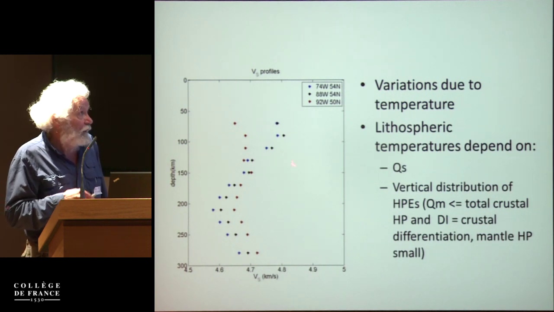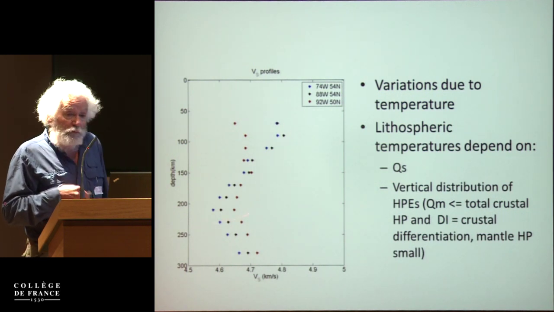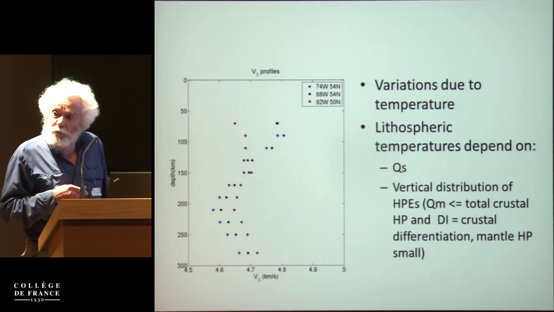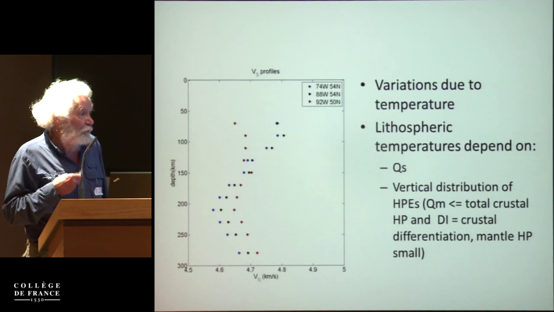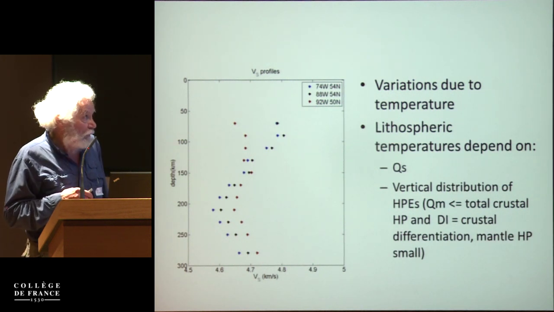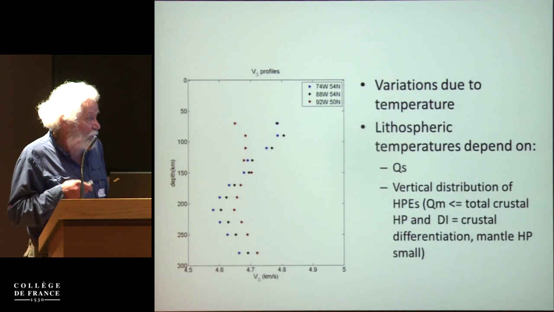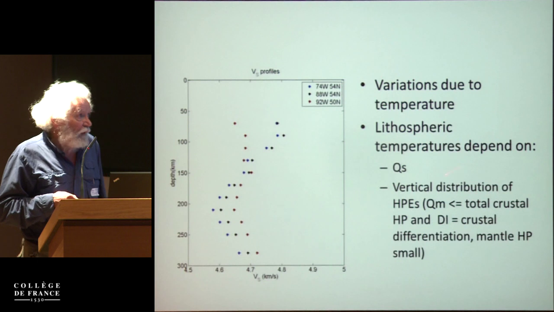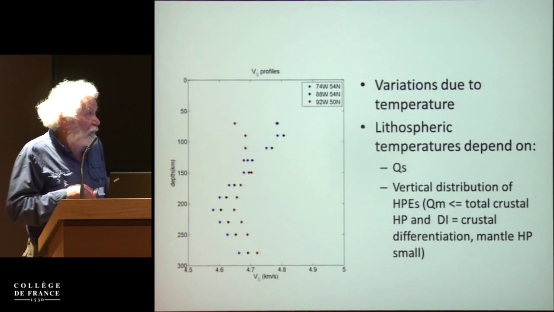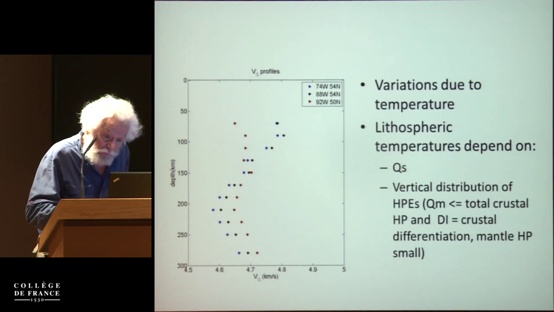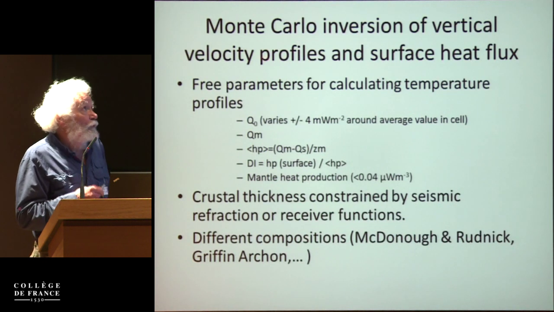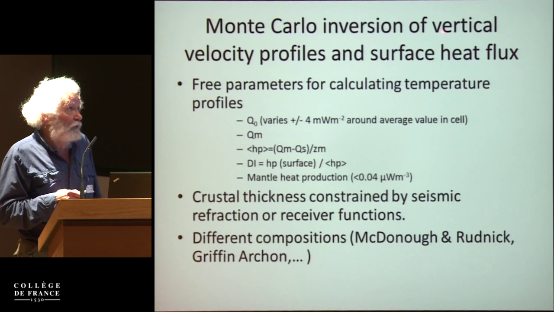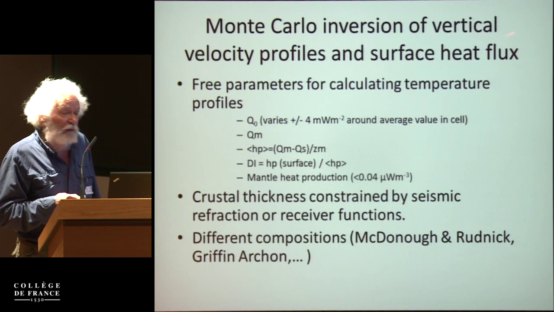So we could try and invert those profiles for determining the thermal parameters for modeling mantle temperature. Okay? So what we have done actually is to do a Monte Carlo inversion of these vertical velocity profiles, together with the surface heat flux.